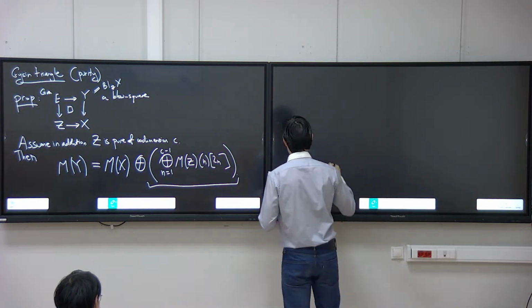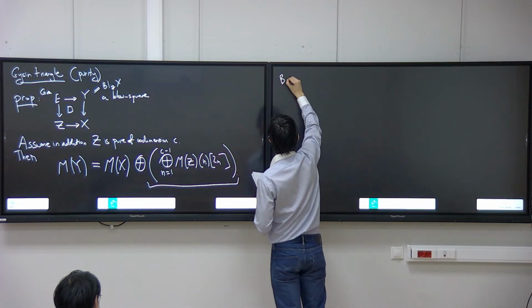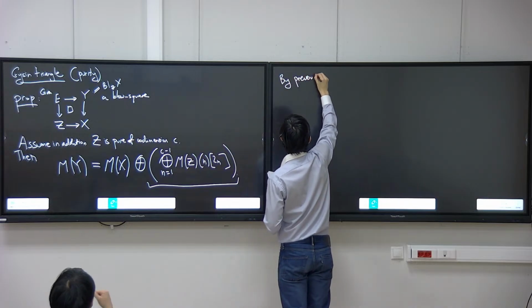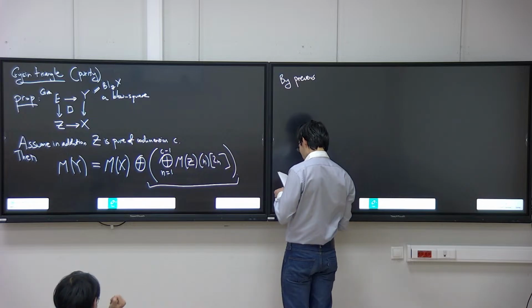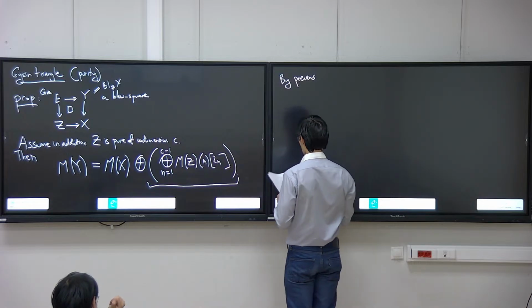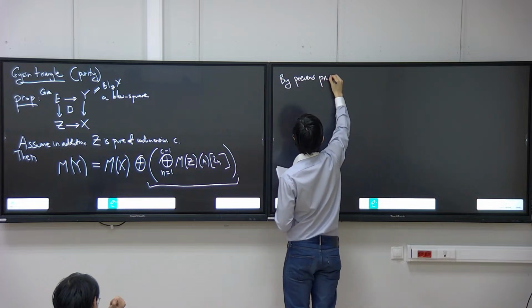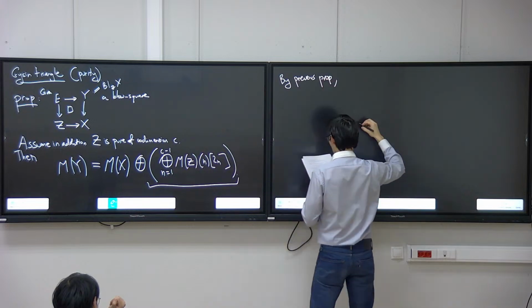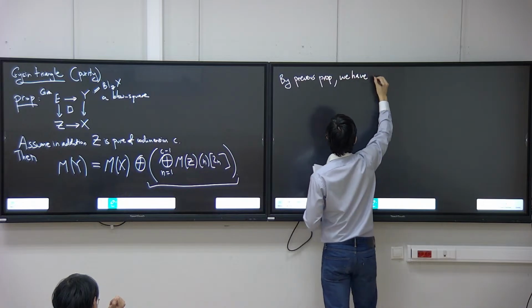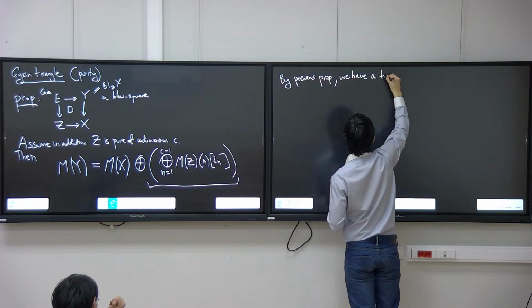So by the previous result, I'm not sure if I had lemma or result, maybe my previous proposition, we have a distinguished triangle.